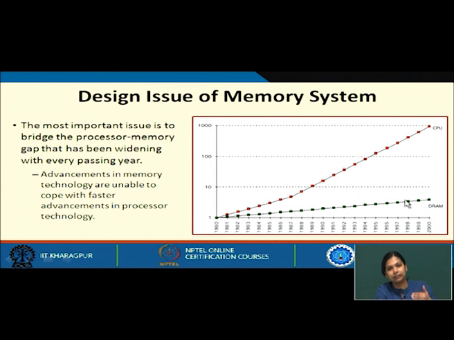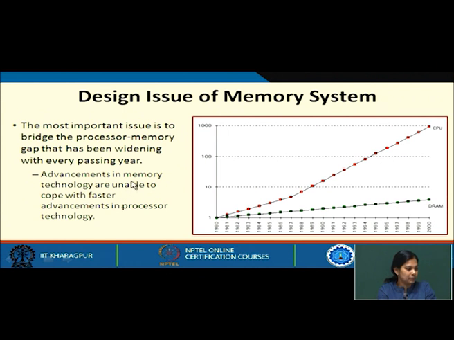Technology is advancing in both processor design as well as memory, but this speed gap is steadily increasing. So, the most important issue is to bridge this processor-memory gap that has been widening with every passing year. So, see, this gap is increasing.